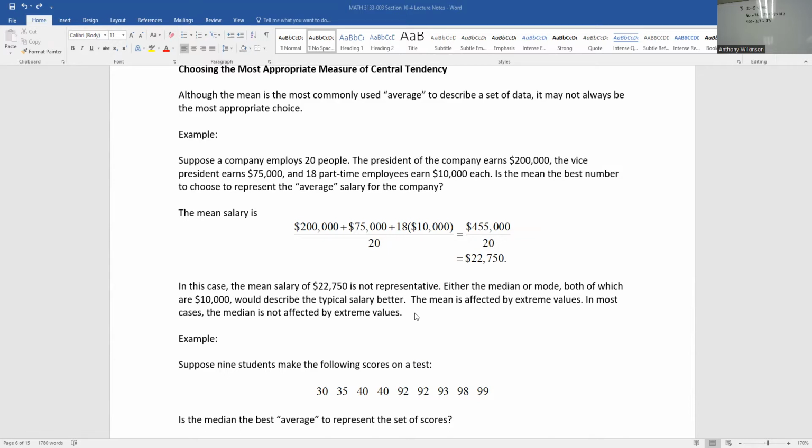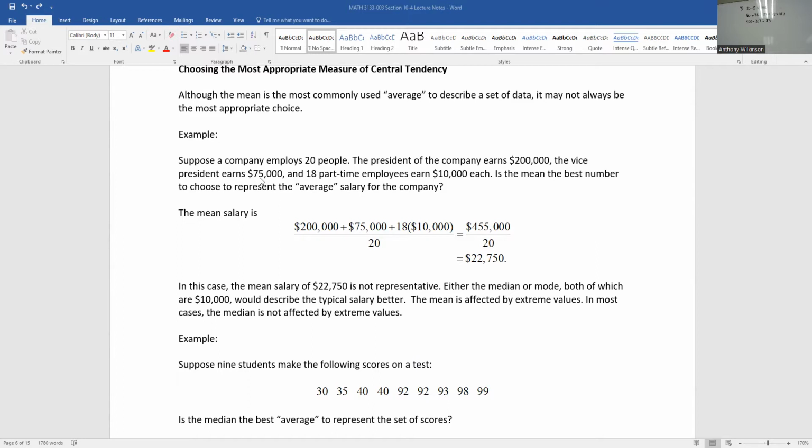The problem with that is that's not a representation of the mean salary of that company. The reason for that is you've got the president earning $200,000 and the vice president earning $75,000. They're making more money than the 18 part-time employees. So here, this is an example of a mean that can be affected by extreme values. Okay. Probably we could use either the median or the mode, because the median in this case is not going to be affected by the extreme values.